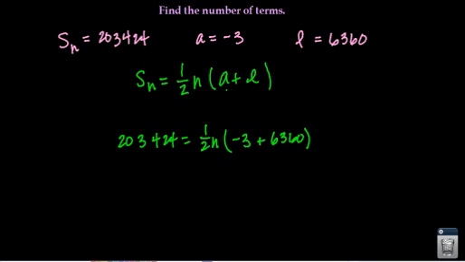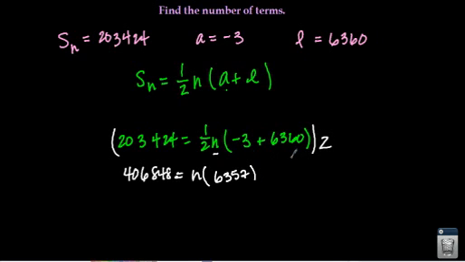So I'm going to do the same thing I did last time, and I'm going to multiply this whole thing by 2 just to get rid of my fraction, and I end up with 406,848 equals n. Okay, right, because I still have n, times 6,363. So I combine these terms.